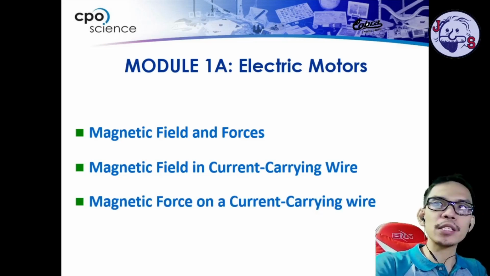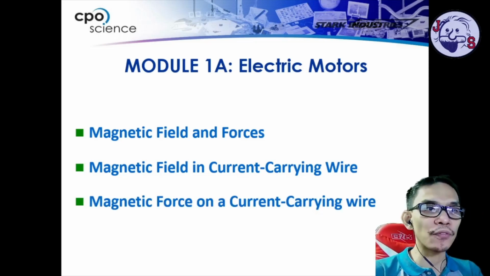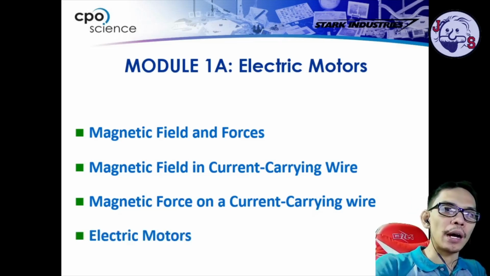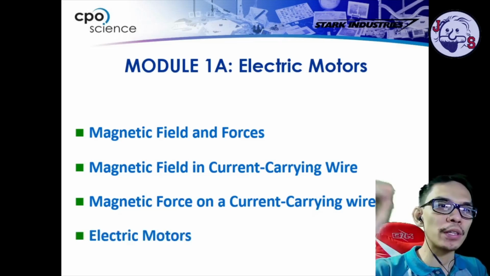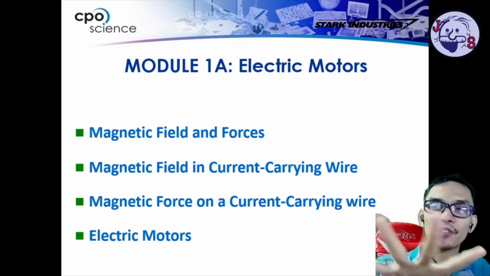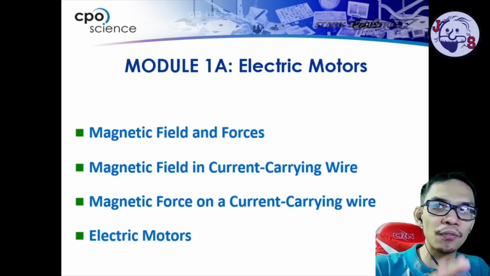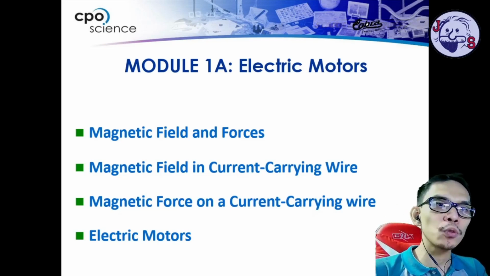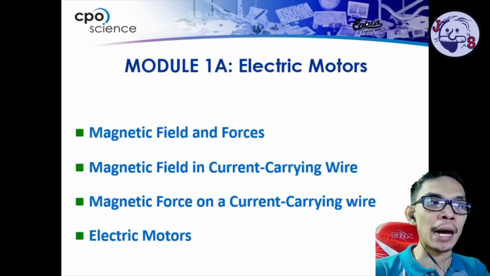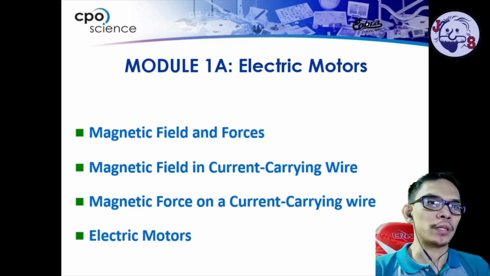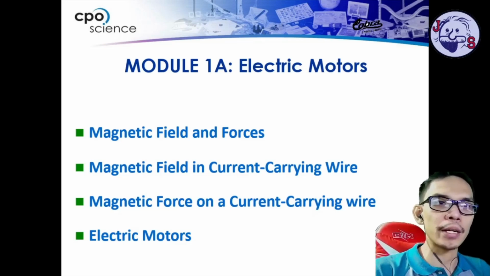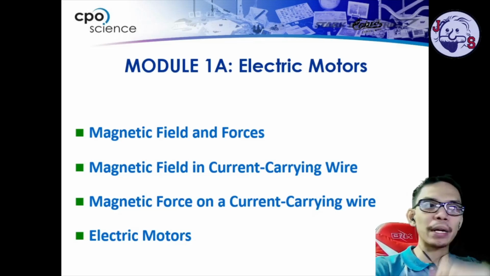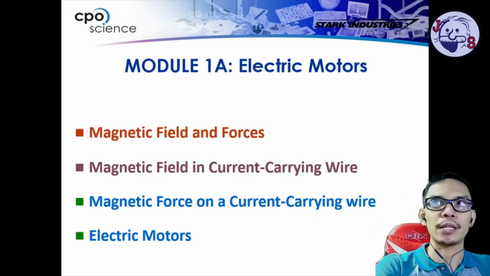The third one is very important: the magnetic force on a current carrying wire. And finally, we will consolidate those two ideas, the magnetic field in a current carrying wire and the magnetic force on a current carrying wire, to better understand how an electric motor works. So let's start on our first topic, which is the magnetic field and magnetic forces. Let's go on that.